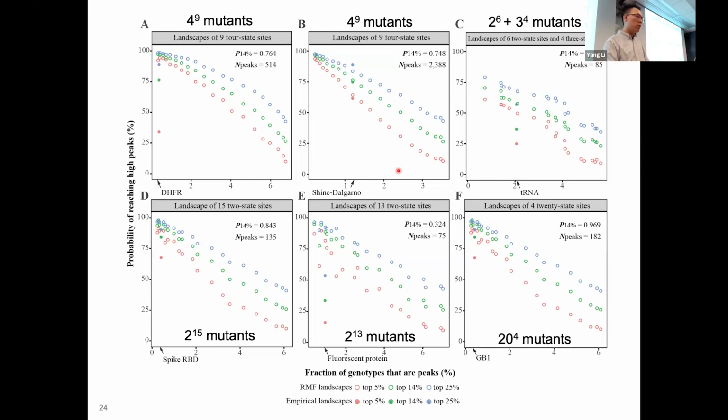So the landscape ruggedness could be the direct factor to determine reaching the high peak with high fidelity or low fidelity. Because in a highly rugged landscape, it is easy to be attracted to a local peak.